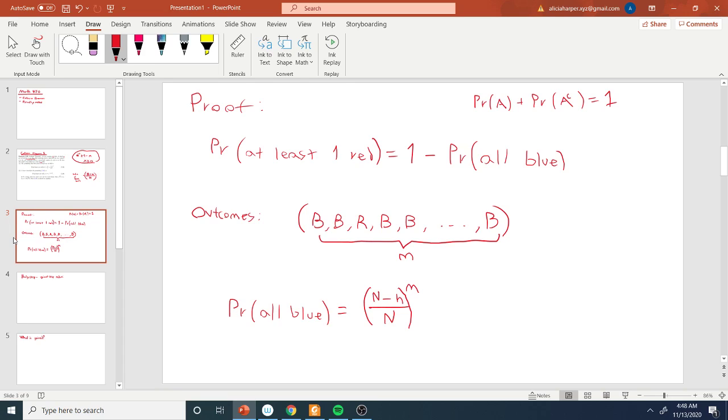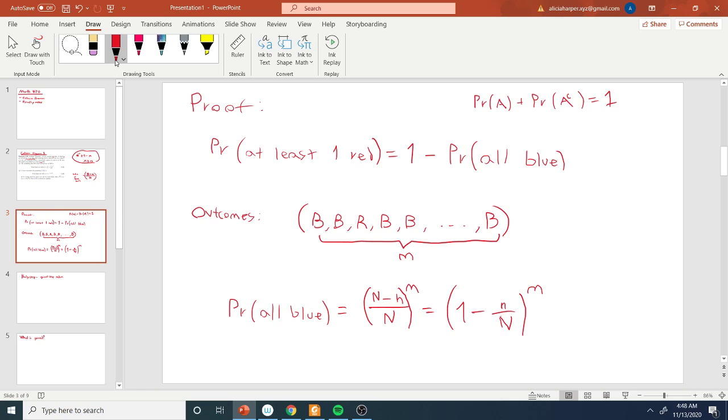Simplifying just a tiny bit, this is the same as 1 minus little n over big N, all raised to the m.